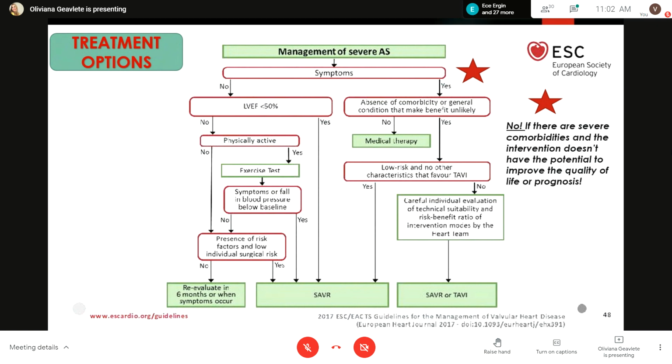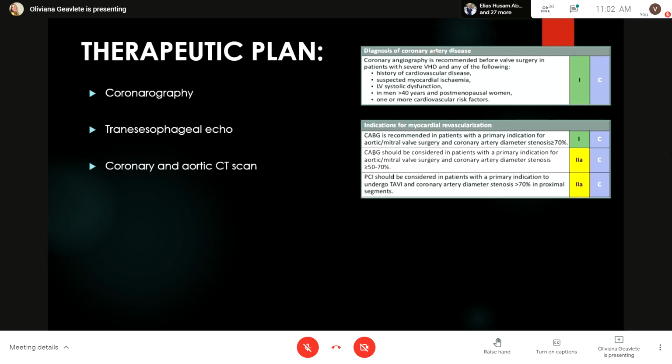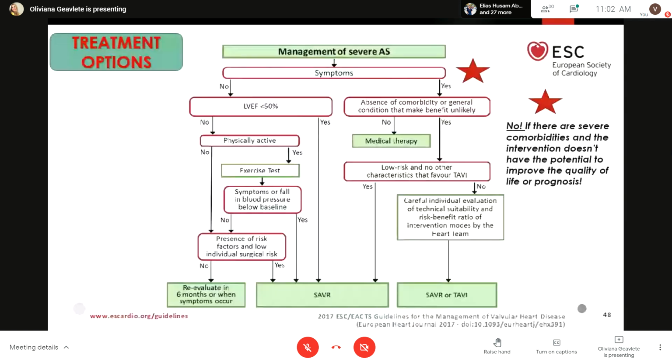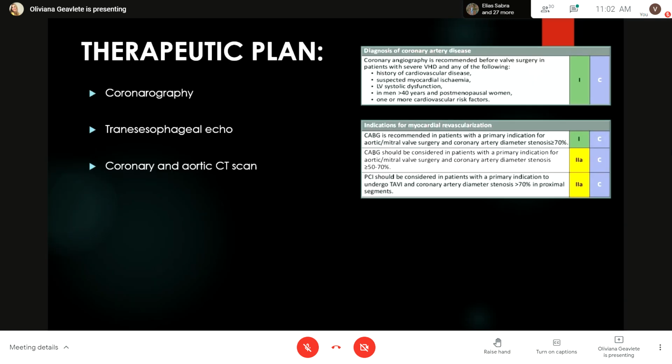This is the interventional approach, and we will see. Okay, what do we need for surgery or any other intervention? We will need a transesophageal echo, and this one is good for establishing the severity, but we have seen it's a severe disease.